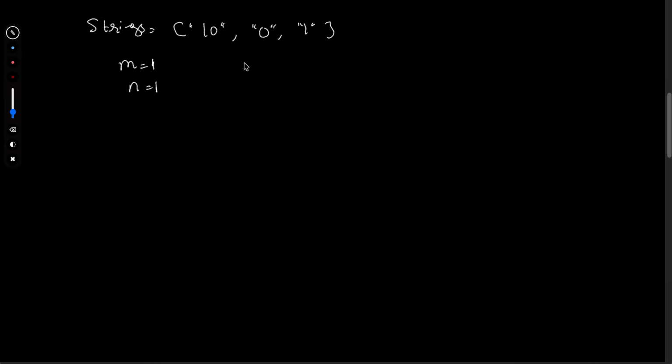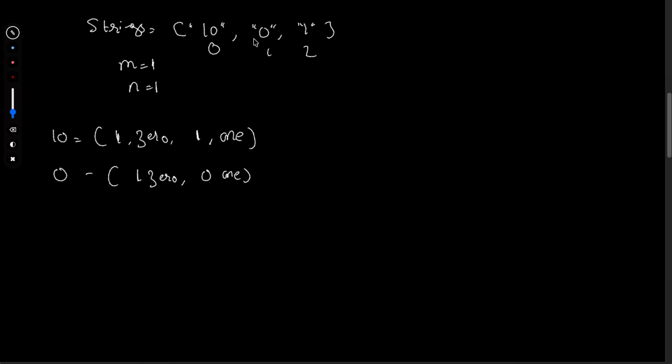First we count. 10 has 1 zero and 1 one. In the string at index 1, there is only 1 zero and no ones.